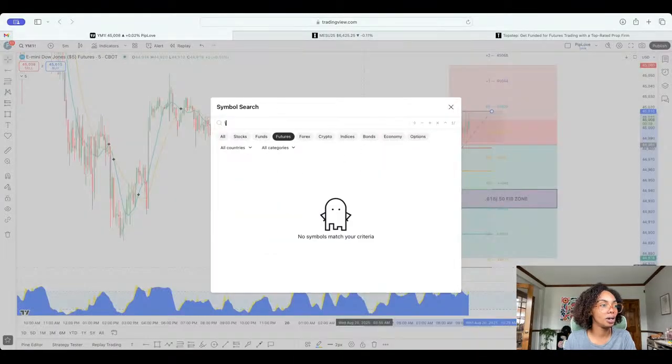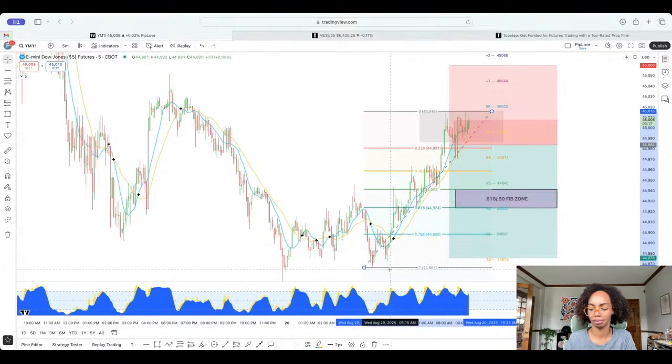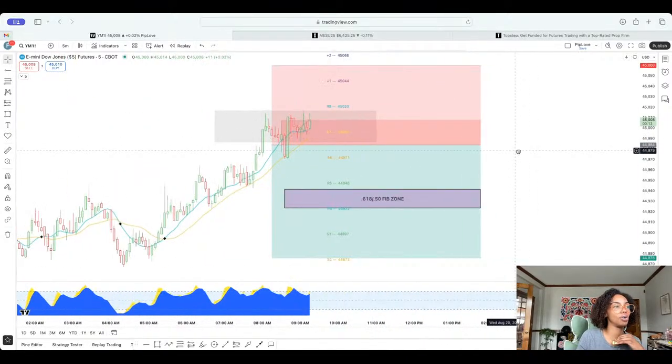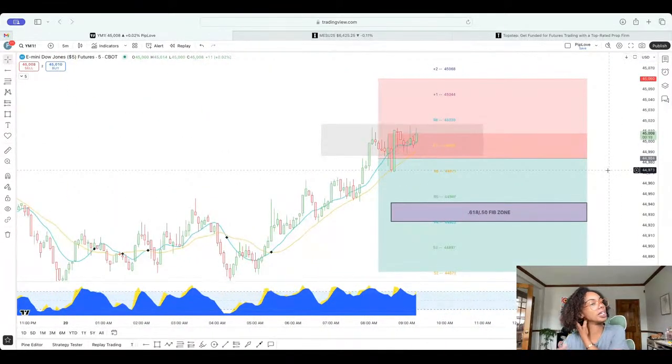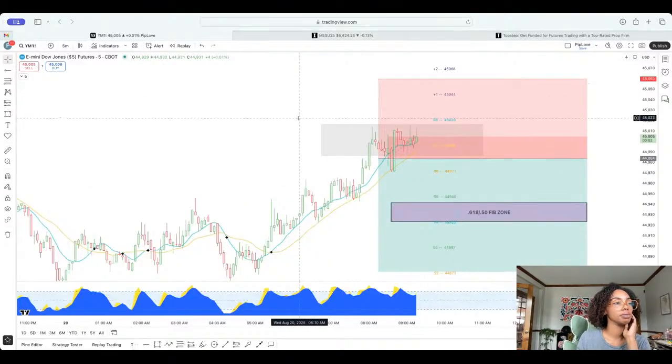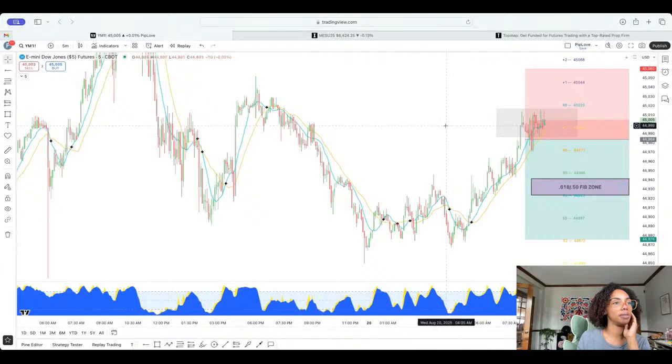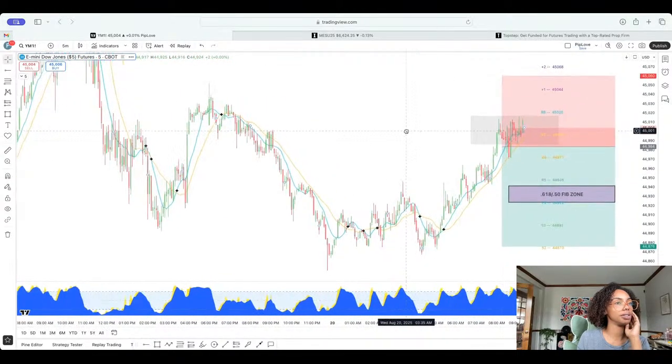Right now, nothing in this trade. We haven't gotten a cross yet. That's what I say, that it's preemptive. We're just going off of previous price action and patterns to help us identify a potential entry into the market.